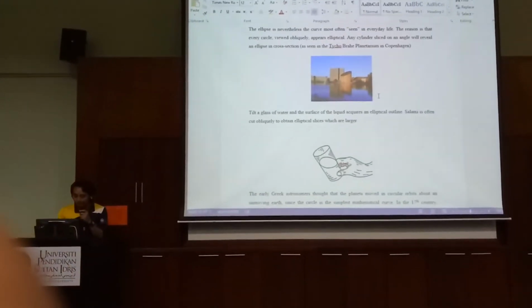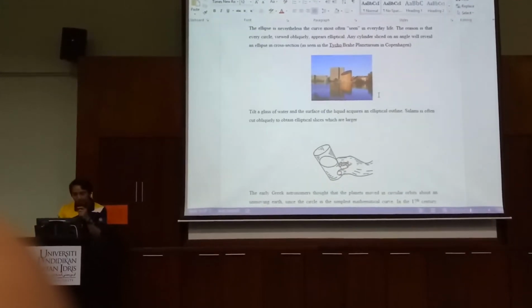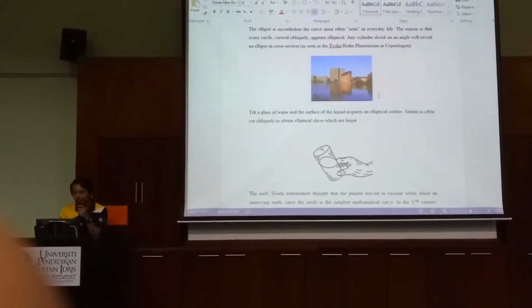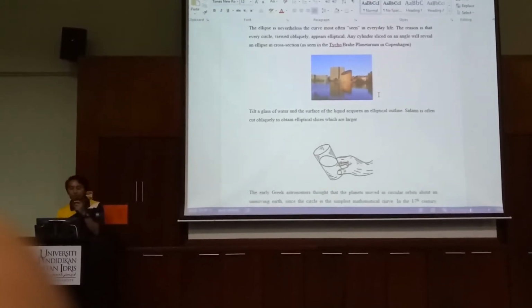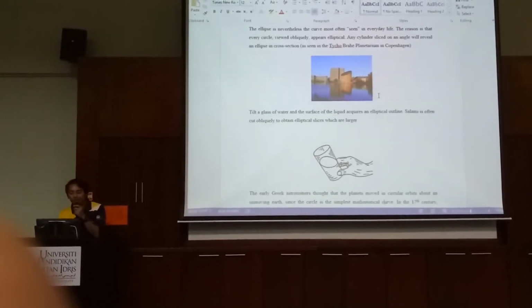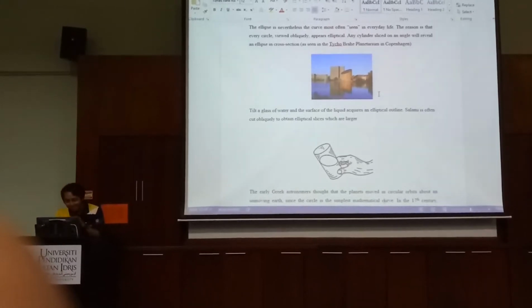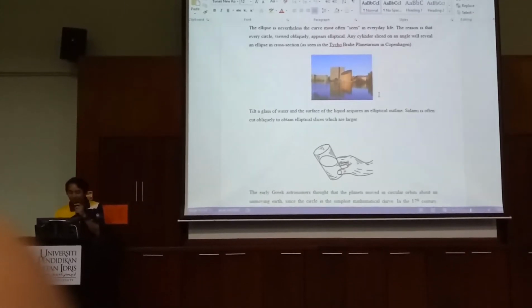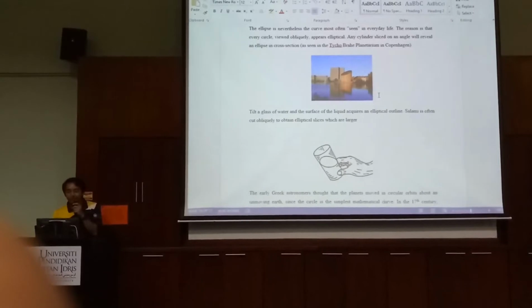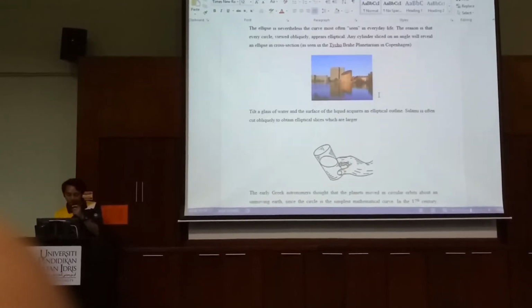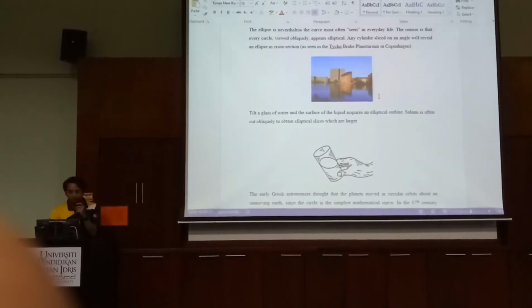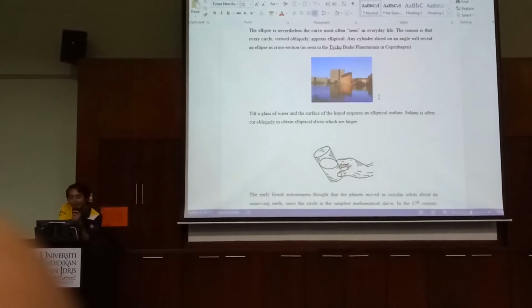Ellipse is nevertheless the curve most often seen in everyday life. The reason is that every circle viewed obliquely appears elliptical. Any cylinder sliced on an angle will reveal an ellipse in cross-section, as seen in the Tycho Brahe Planetarium in Copenhagen.